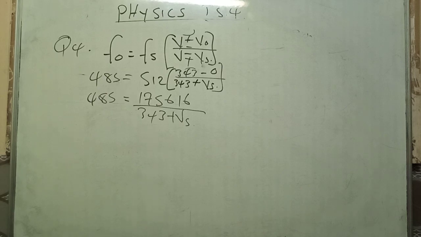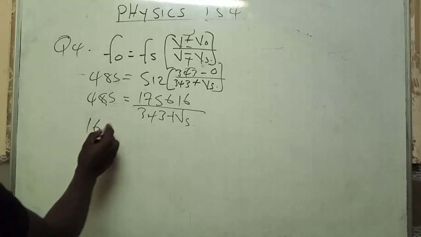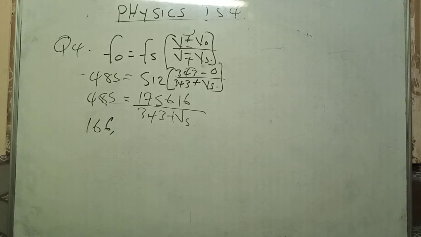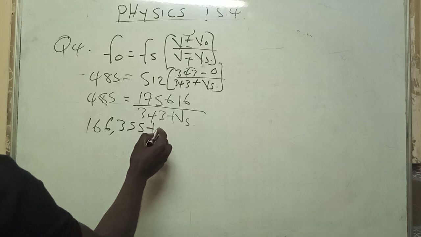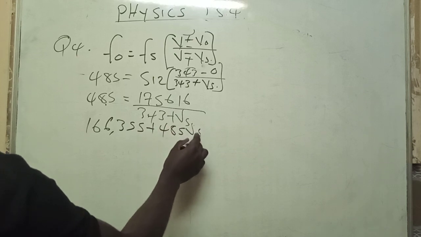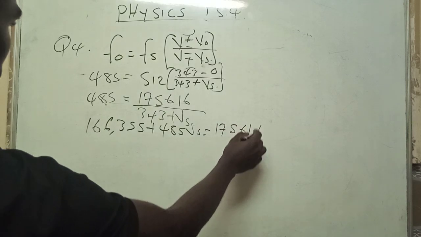So I can cross multiply at this particular moment. If I do this times this one, what are we getting? Let me use my calculator. We are supposed to get 166,355 plus 485 Vs is equal to 175,616.